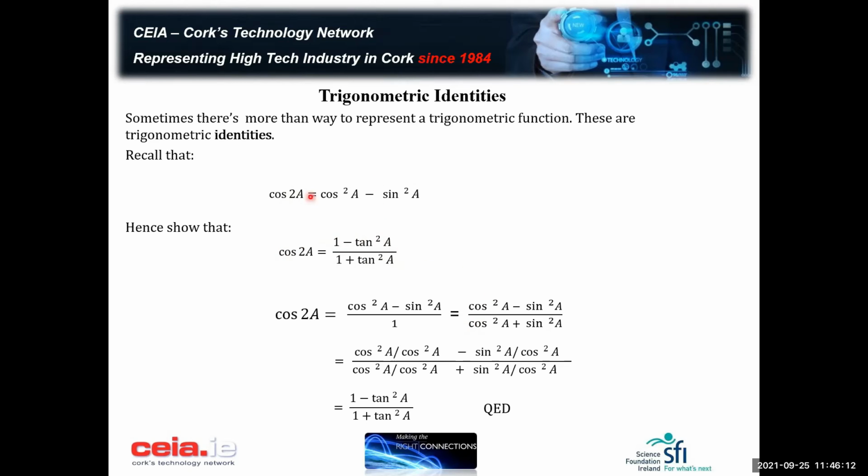And with the trig identities, there's always a little bit of trial and error just to get started. You have to ask yourself, how would I get to this from this? And one clue is that you've got tans in the result you're looking for.